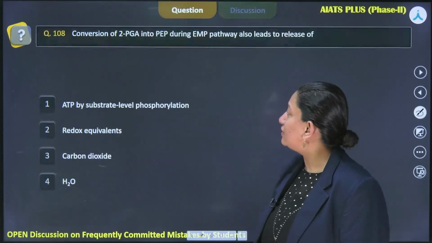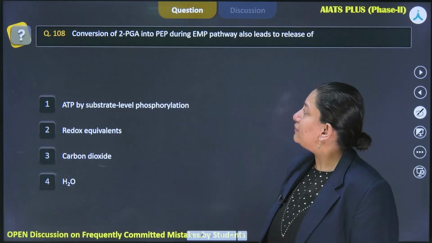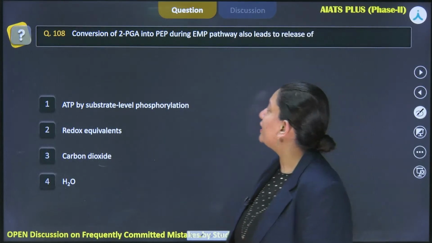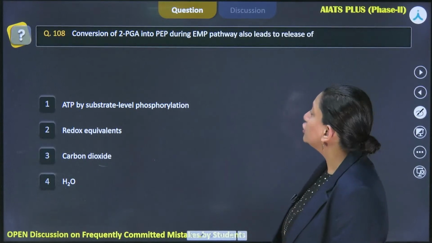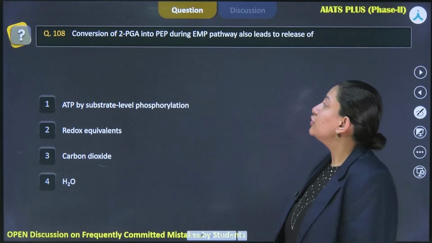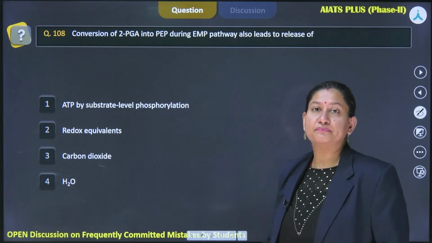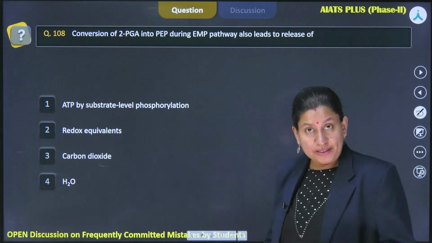Moving ahead, we have another question. That's question number 108, which talks about conversion of 2-PGA into PEP during EMP pathway also leading to release of, right? So this is a question from the respiration part.